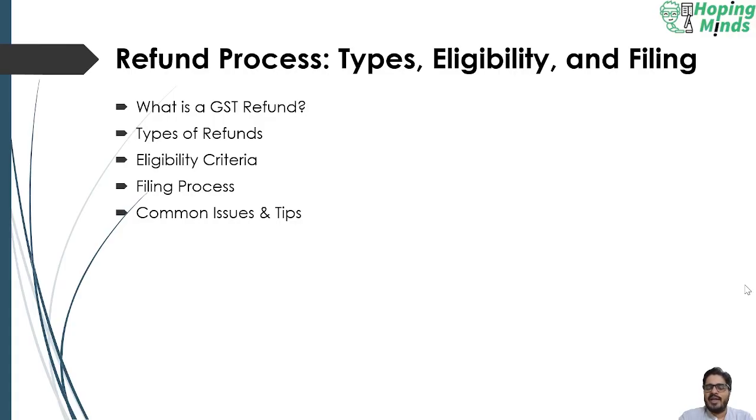Also, we learned that in GSTR 3B direct amendments are not allowed. Only adjustments through next returns can be done in GSTR 3B. Then we studied the timelines within which amendments or rectifications can be done, that is till the November month's return or the filing of annual return, whichever is earlier.